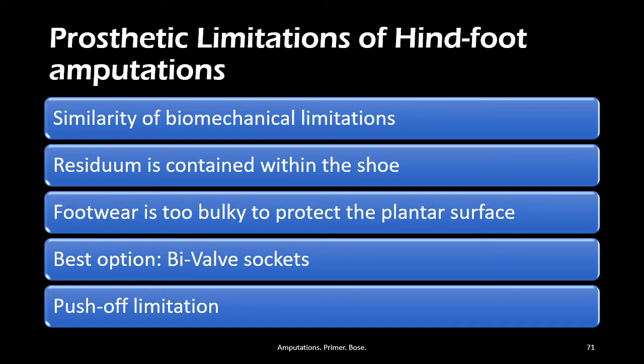The best socket option for these hindfoot surgeries involves bivalve sockets, which are inherently weaker than regular one-piece sockets. Finally, there is a massive loss of the push-off mechanism, with no push-off mechanism within the footwear. Thus, the footwear only serves two purposes: protection of the residuum and cosmesis.